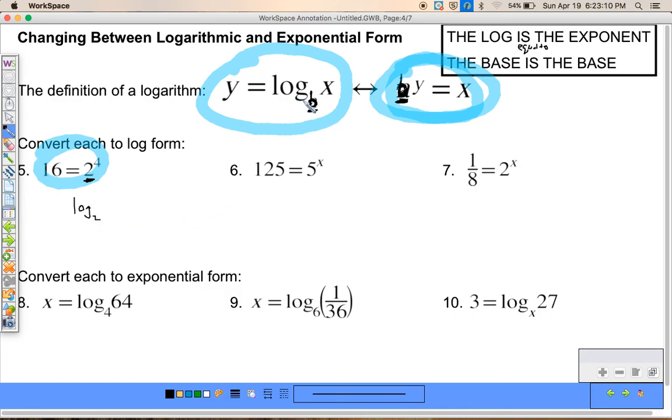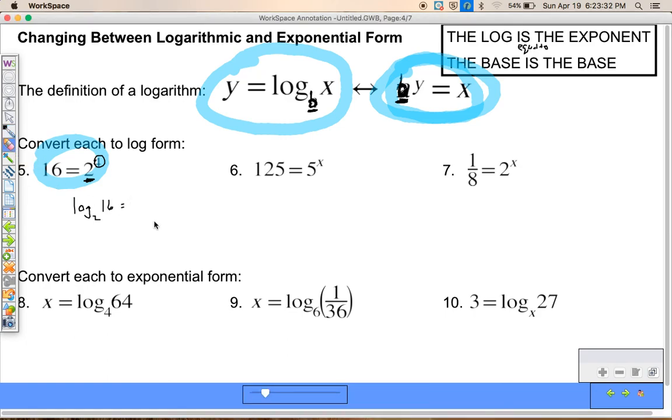And then we know the log is equal to the exponent. Since the exponent is 4, this has to equal 4. By default, the number over here that this is equal to has to go inside the log. So the 16 has to go inside the log. So this is saying log base 2 of 16 equals 4.